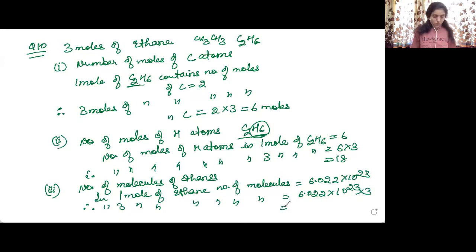So it is 3 multiplied by 6.022, 18.066 into 10 raised to the power 23. Now, if we need to convert it into scientific notation, it will be 1.807 into 10 raised to the power 24.